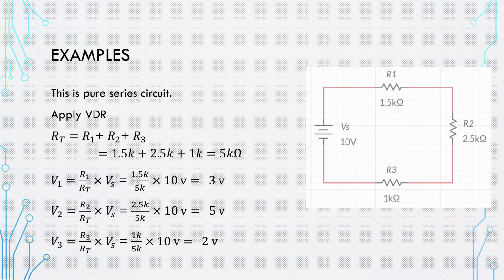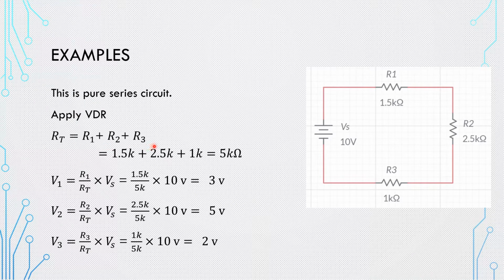So moving on, in this example, to find the voltage. If you're given this circuit, how to find the voltage across R1, R2, R3? Basically you can see that I have a pure series circuit, and I'm gonna easily find the voltage by applying VDR, the voltage divider rule. How to apply VDR?